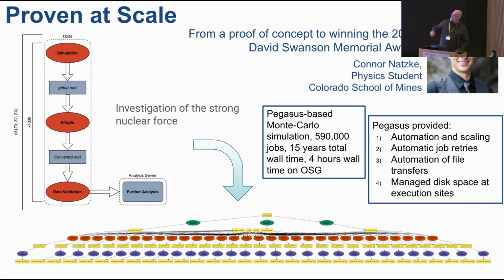You see the steps here, the little red steps: the simulation, the M-tuple, and the data validation. This is what Connor had created, and it ran fine. The problem was that he needed to do it 590,000 times. If he did that the script way, that would be 15 years of compute, and he wanted to graduate, so that wasn't really a good idea.